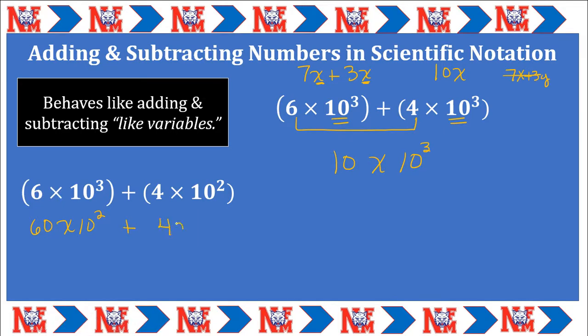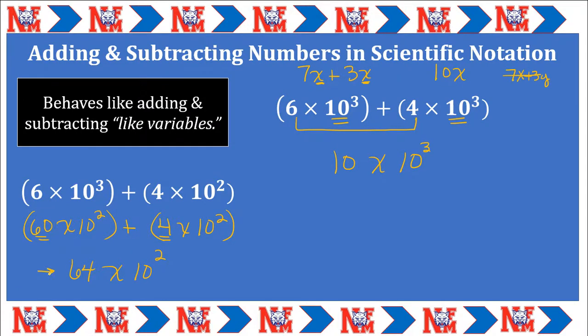Plus, we have 4 times 10 squared. Now we can add the coefficients, just like you do on like variables, and we get 64 times 10 squared. If I add powers of 10 squared, I get powers of 10 squared.